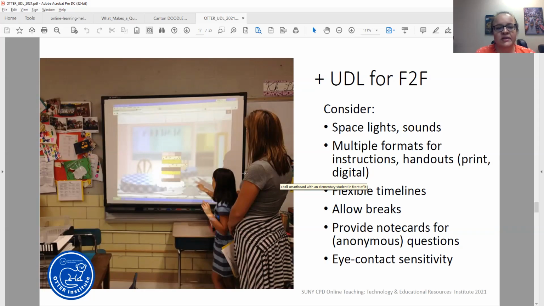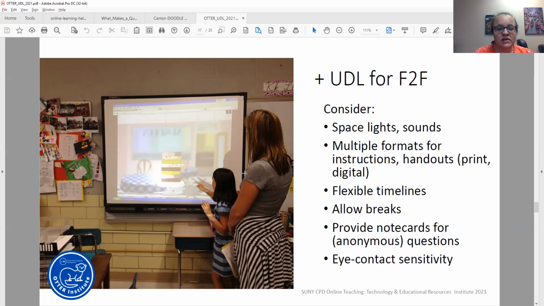Everybody's excited about that. Now look at her height and look at the height of the smart board, right? We have all this technology in the world, but who is it for? It's only for the teacher because the student is not able to reach all the way to the top. So if the answer to her question was whatever is on the top of the board, the student would not ever be able to point to it because she's too short for this board.